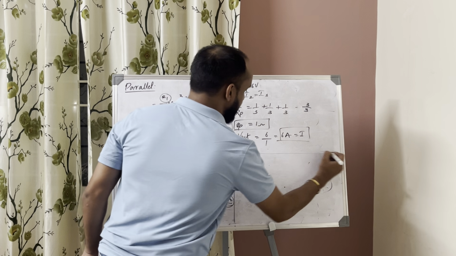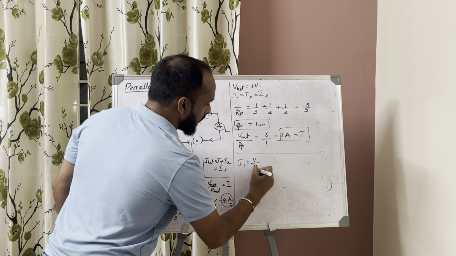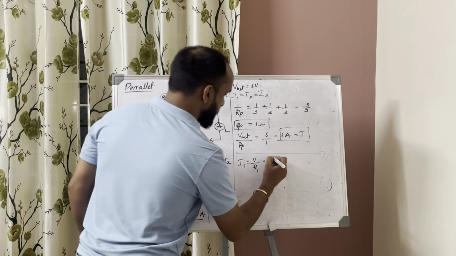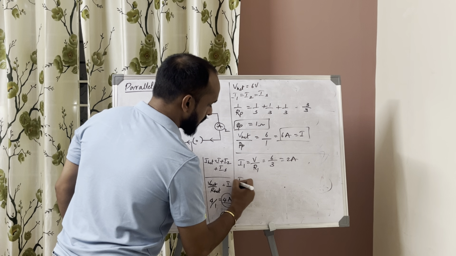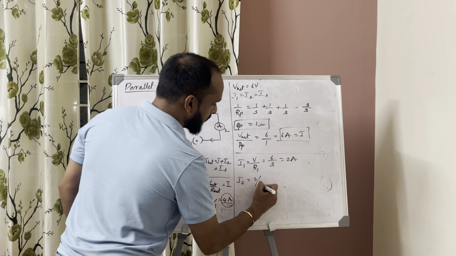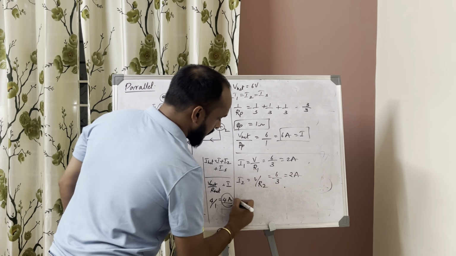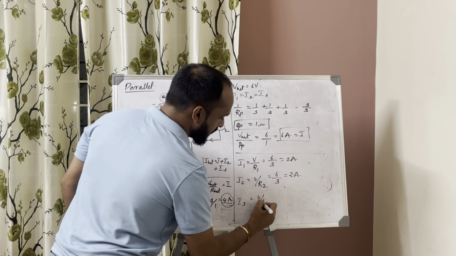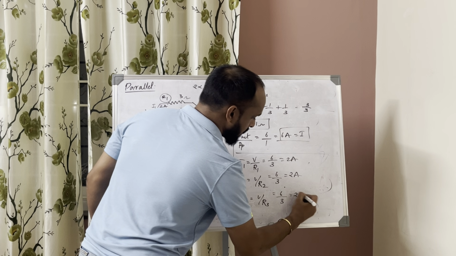So how do you prove that? We got I1 is equal to V divided by R1. Your voltage is 6, R1 is 3, answer is 2 amps. I2 is equal to V divided by R2, 6 divided by 3 is 2 amps. I3 is equal to V divided by R3, which is 6 divided by 3, answer is 2 amps.